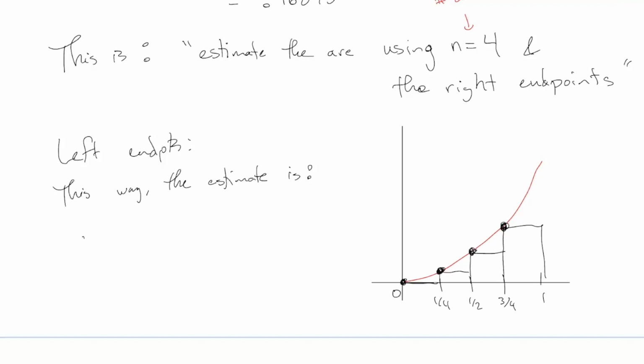So this time the estimate is 1/4 times f of 0, 1/4 f of 1/4, 1/4 f of 1/2, and 1/4 f of 3/4, right? The 4 y values that I'm looking at in this case are the y values for 0, 1/4, 1/2, 3/4. All right? That's the only difference.